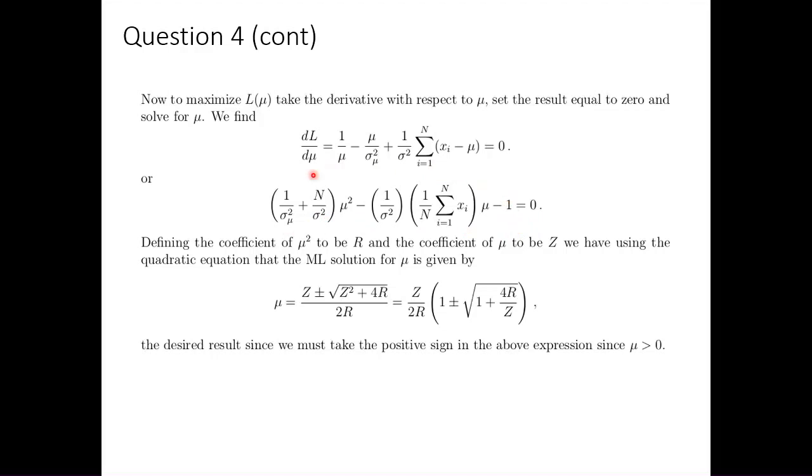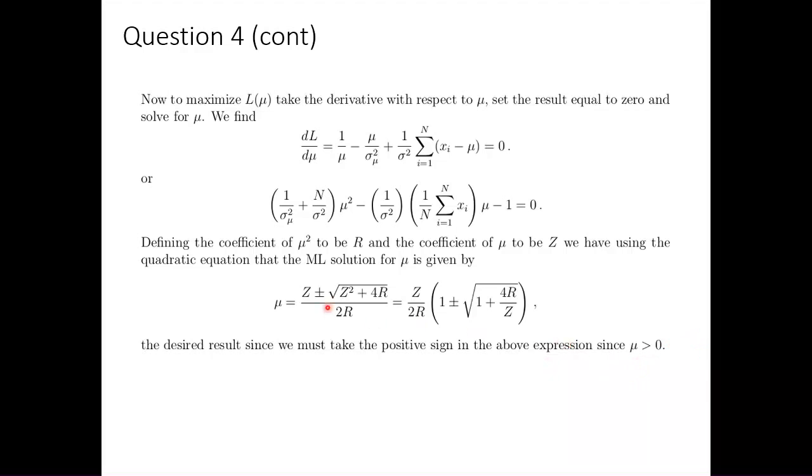Therefore, you use basic algebra. Mu is a scalar. Use the formula to solve it, and that will give you the plus or minus. And because mu is the mean, it cannot be negative. We have this condition mu greater than 0 because the Rayleigh distribution is positive.